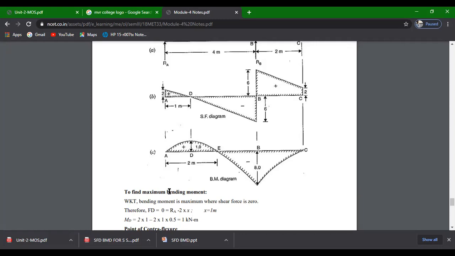Whenever we have a UDL, we need to follow only the UDL regulations. In case of UDL, from A to B, we have a UDL here. The UDL will be represented like this one. From here to here, one more UDL will be there.